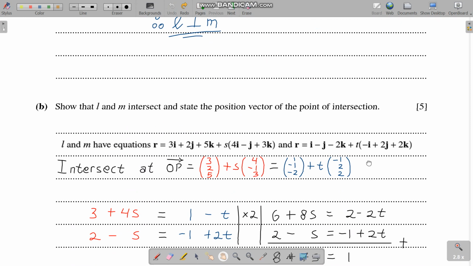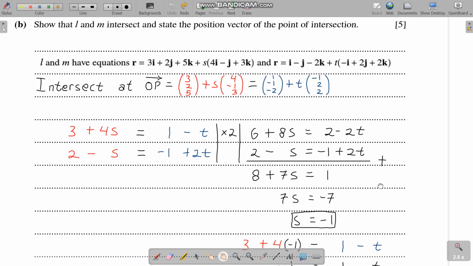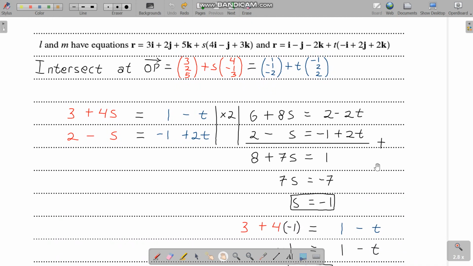And the next part: show that they intersect, and find the intersection point. Let's say they intersect at a point called P. So the coordinates of P, or the position vector OP, is a point that should satisfy both equations, L and M. From here we have (3, 2, 5) plus s(4, -1, 3), and here we have (1, -1, -2) plus t(-1, 2, 2).